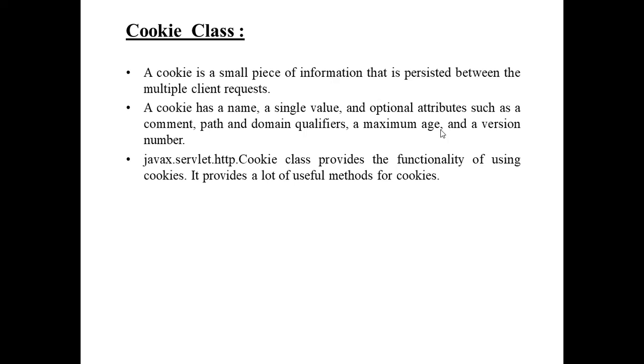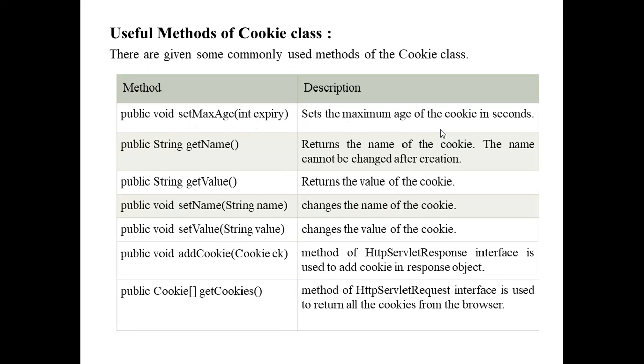The javax.servlet.http.Cookie class provides the functionality of using cookies, and it provides a lot of useful methods for the cookie. The main use of a cookie is that it contains a small piece of information that is stored in the client machine. See some methods of the Cookie class.